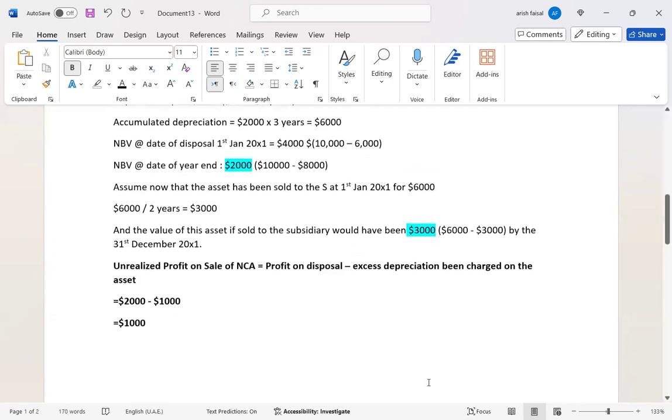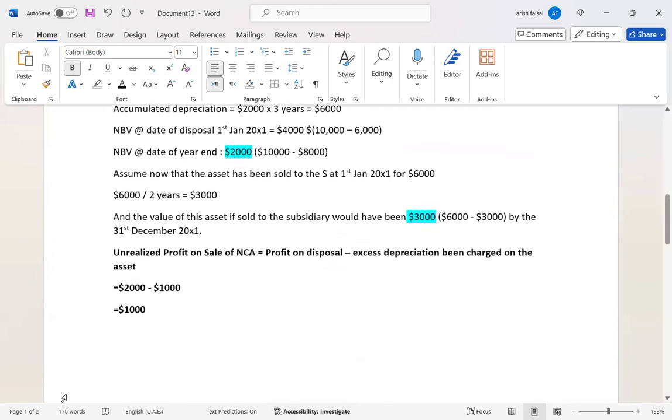Now, while you're consolidating your non-current assets in the balance sheet, here's the formula for you. You will take your parent property, plant and equipment. You will add your subsidiary plant and equipment. You will add any fair value adjustment if they have been more than the carrying value.